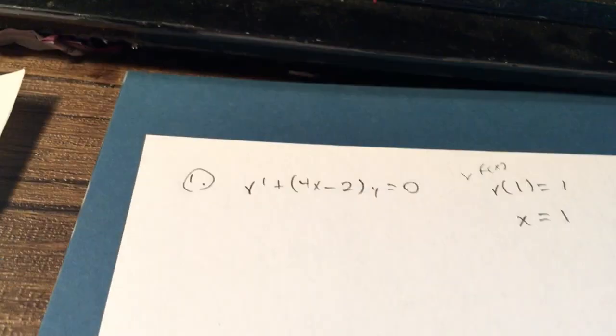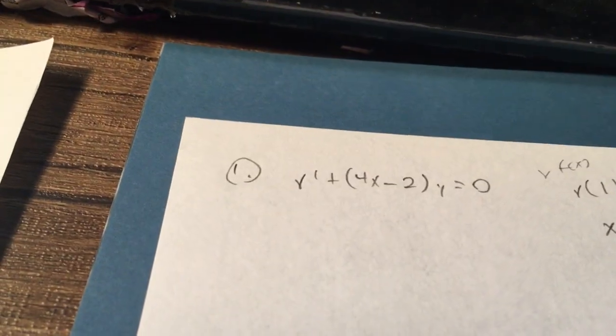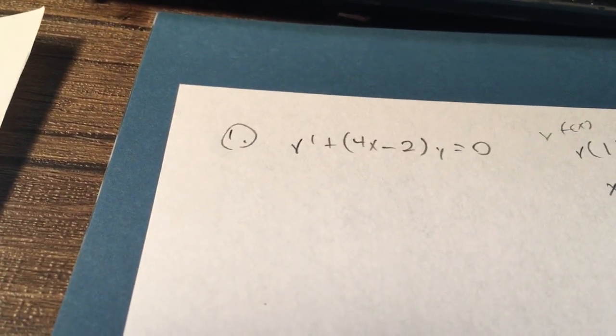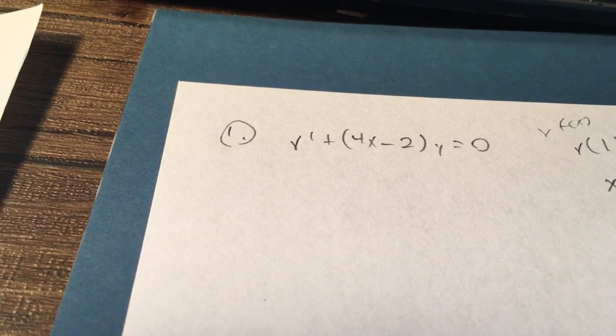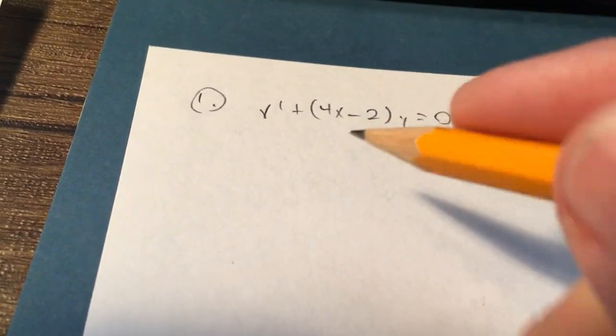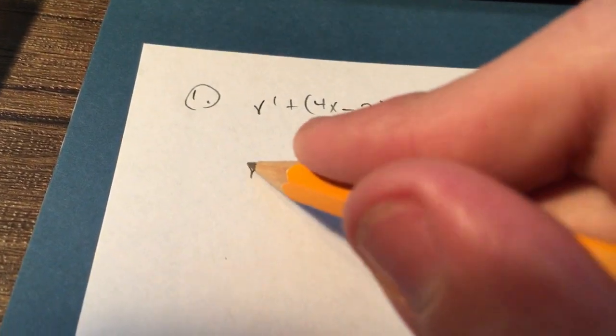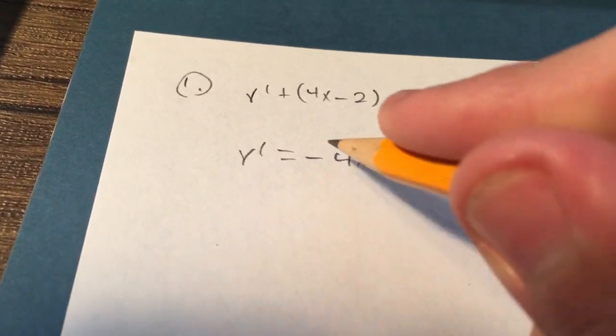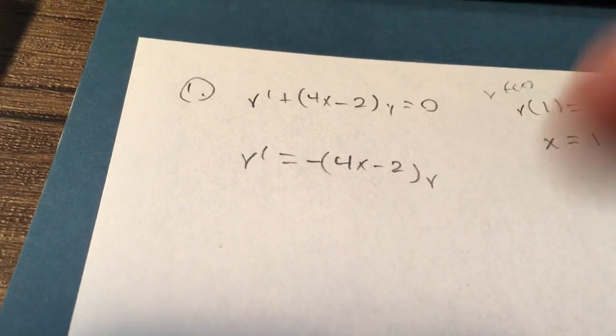When it says find a solution to a differential equation, you move all the x's to one side and all the y's to the other side, and then you do the antiderivative. First you subtract, so y prime equals negative (4x minus 2) times y, and then you divide by y.